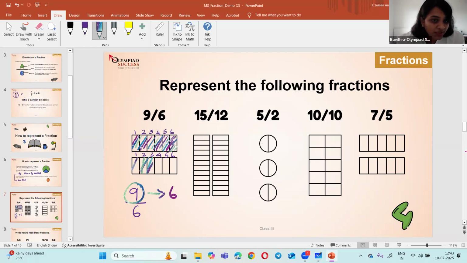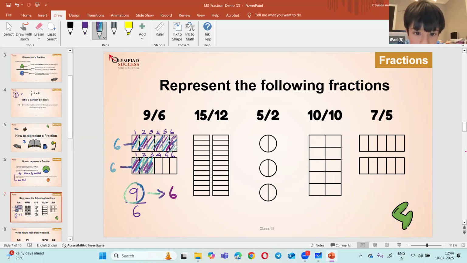Let me shade it like this. So now we have shaded 9 parts out of 6 total parts in 2 different images. The total parts of the particular image is 6, but we have to shade 9, so we have taken 2 images and completed the shading of the required number of parts.